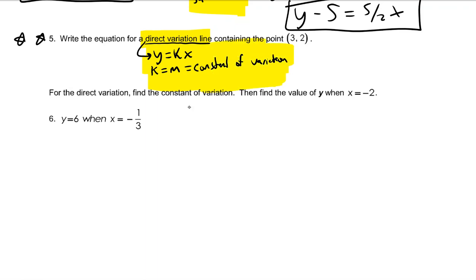So if you look at question 6, the first part of question 6 says find the constant of variation. It's really just asking for the slope. And if it's a direct variation line, it's assumed that it goes through the origin. So there's an implied point given to you.